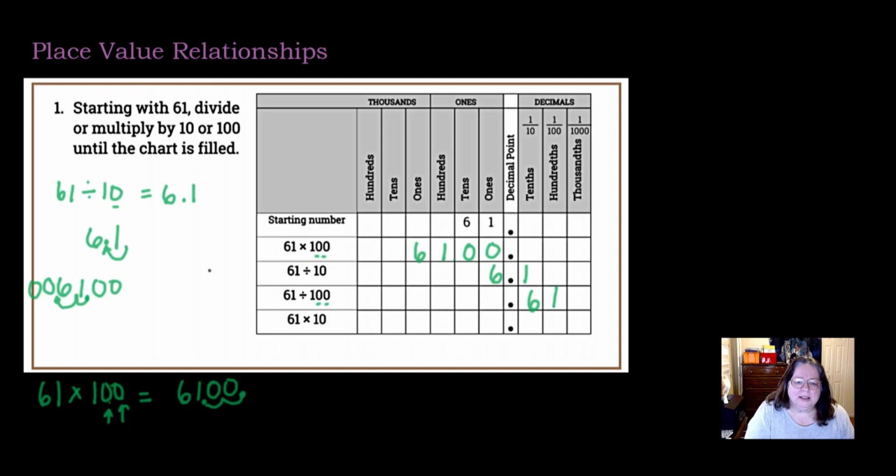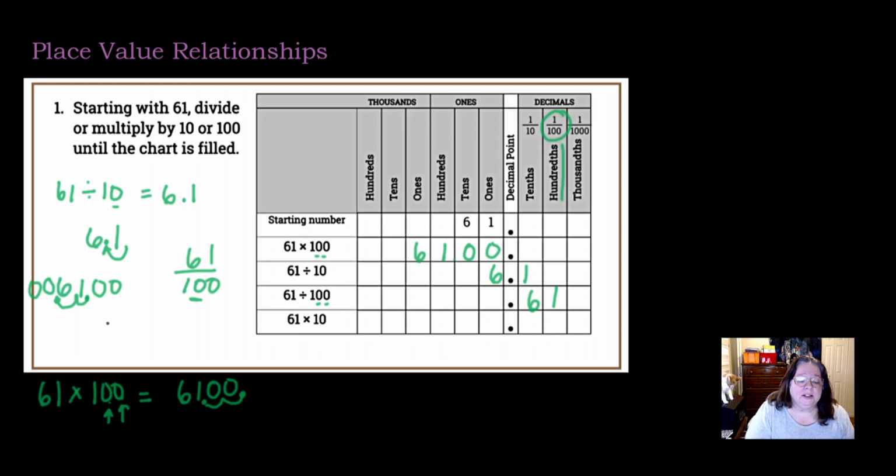And when we look at this, 61 divided by 100, we could write it like that. And that tells us automatically that the last digit always goes in the spot where this is hundredths. So the last digit goes in the hundredth spot. And here's a clue here too. Anything that's over 100 is going to be in the hundredths place value.